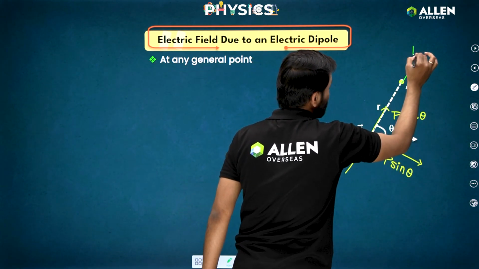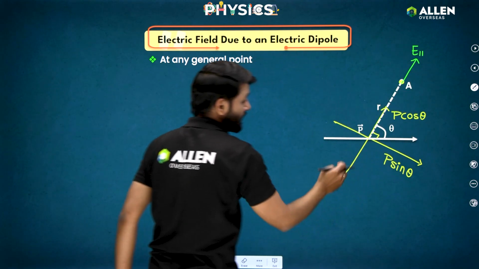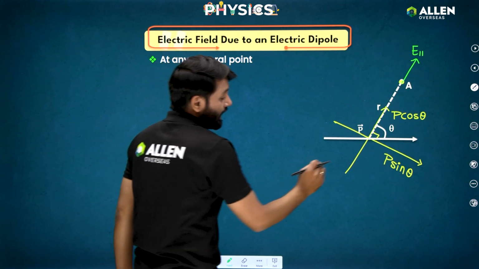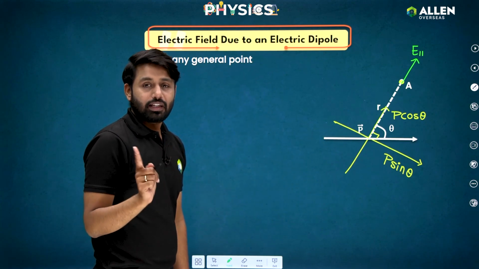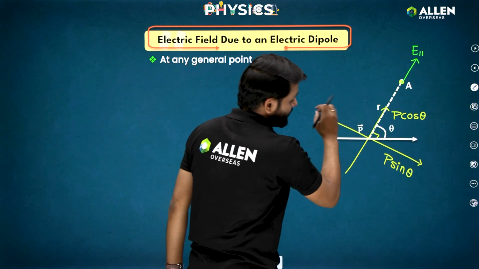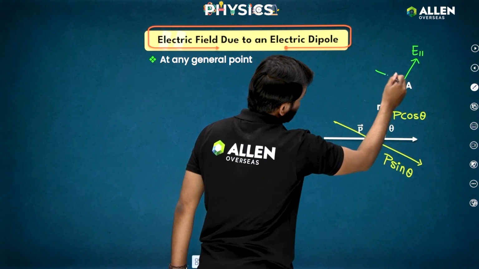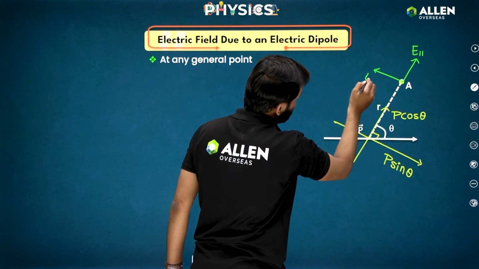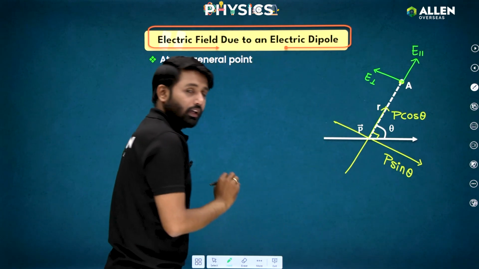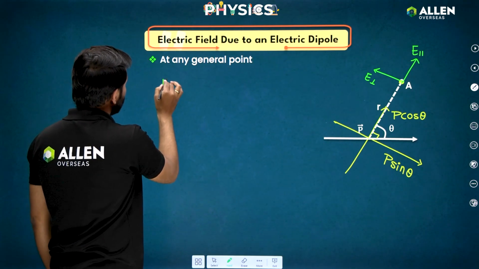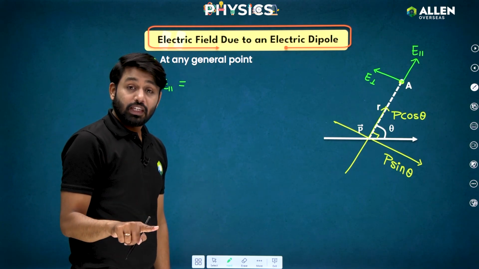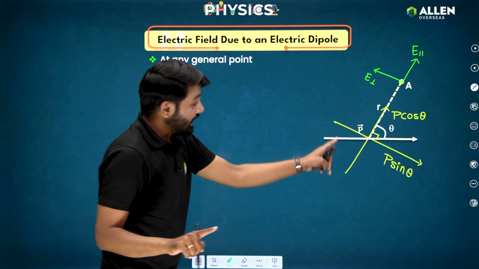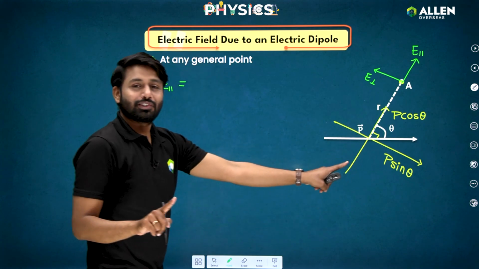This I am using E parallel. Okay, name is E parallel because parallel to this direction, right? And due to this, direction of electric field is opposite to the electric dipole moment. Okay, so this is in this direction. So direction of electric field is like this. This I am using E perpendicular, right? So we can write easily E parallel is at the axis. It's 2 kp, now electric dipole moment is p cos theta. Is that clear?